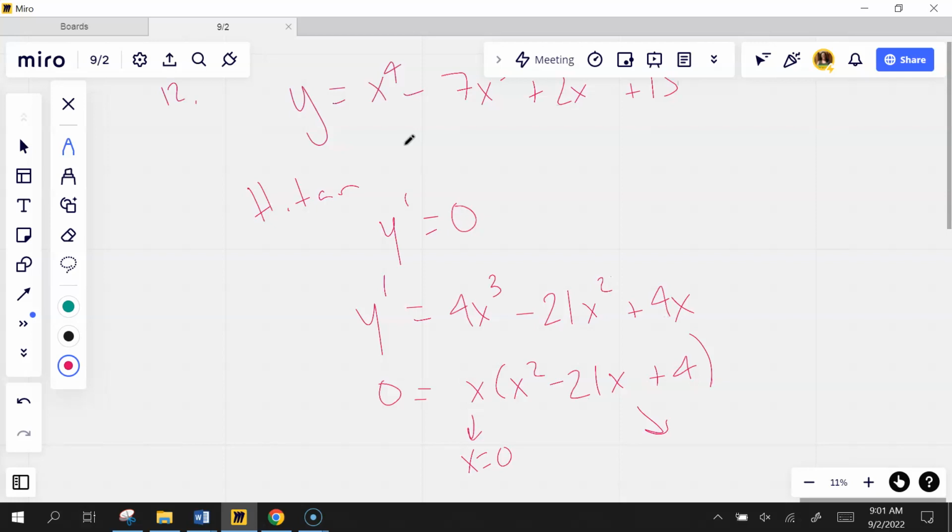Oh, 0.198. I'm sorry, I wrote it. Point. I'm sorry. But it should be 0.198 and 5.052 for your other 2 zeros besides 0.